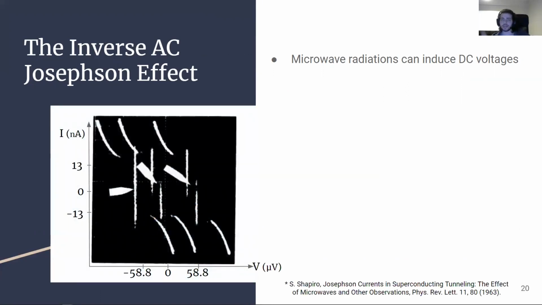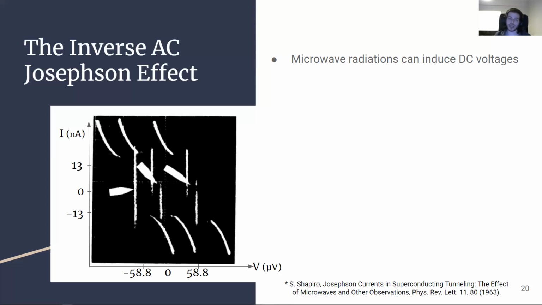Here, the tunneling current of the DC Josephson effect no longer occurs at 0, but rather at 58.8 voltage. This is the same voltage where we lost the AC effect. The reason is they actually applied a resonance frequency, the frequency they observed when they applied this voltage.